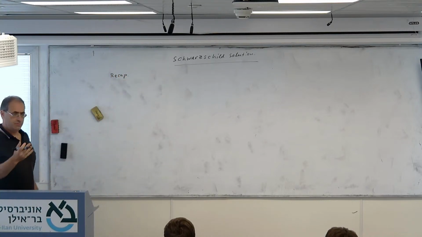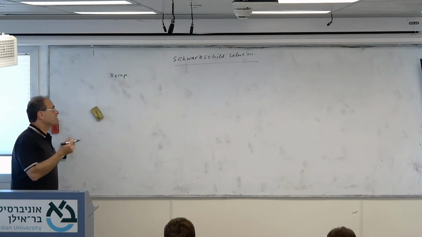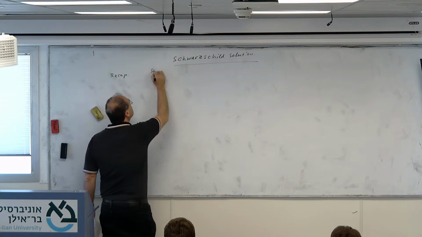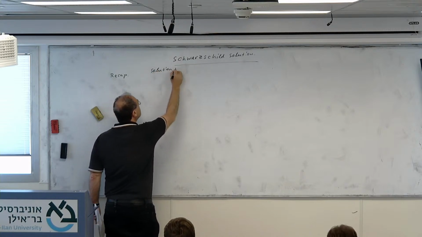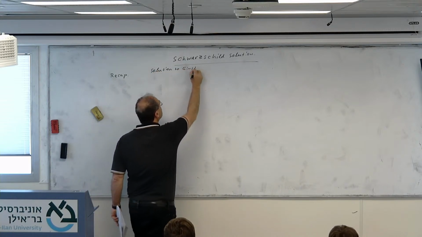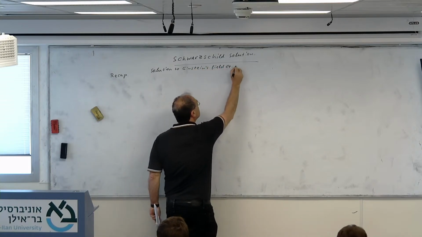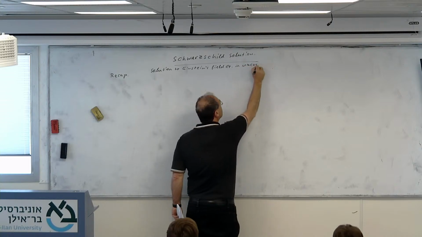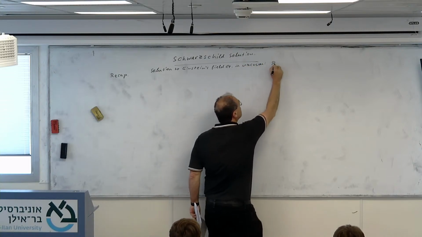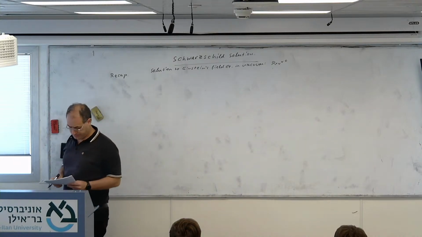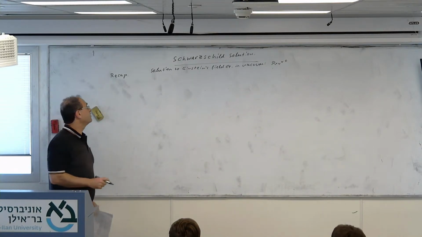First, we derived the solution. The solution is to Einstein's field equation in vacuum. We're looking for a solution which is static and isotropic.